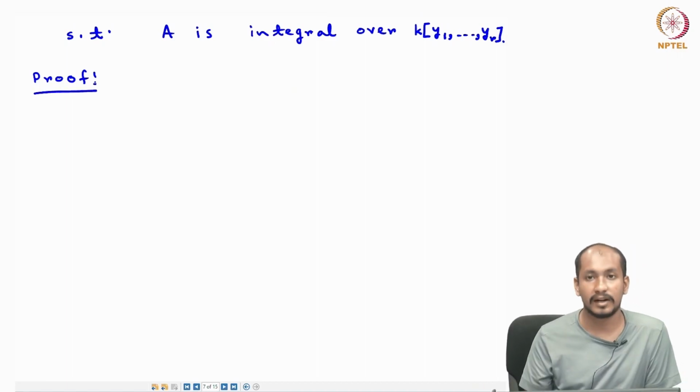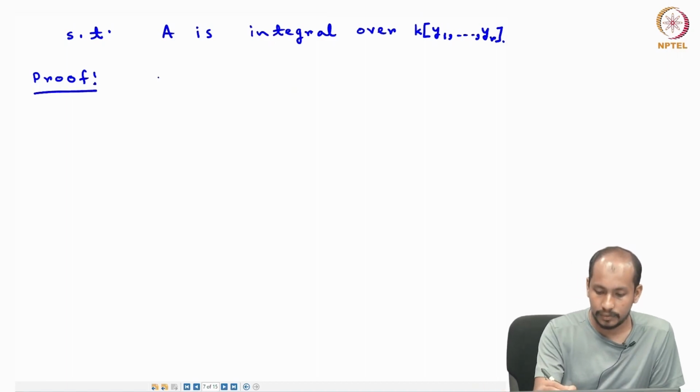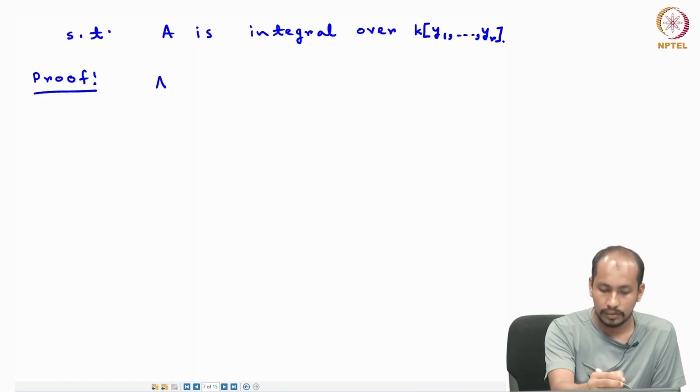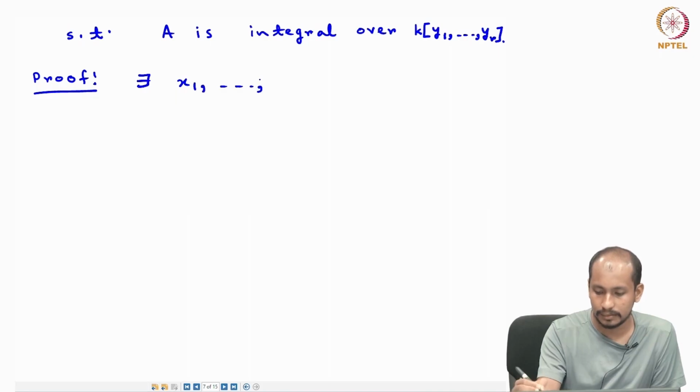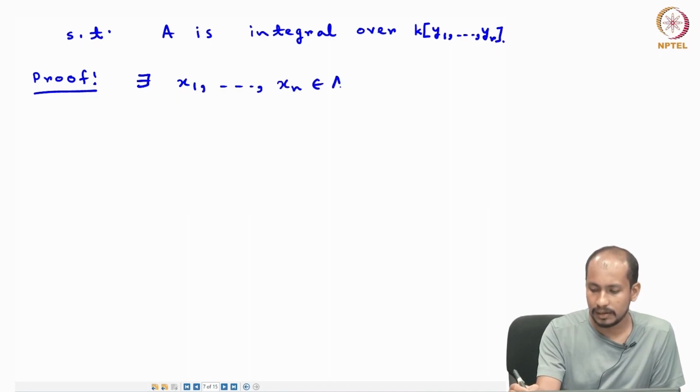Since A is a finitely generated K algebra, there exist some elements x1 up to xn inside A such that they generate A as a K algebra.